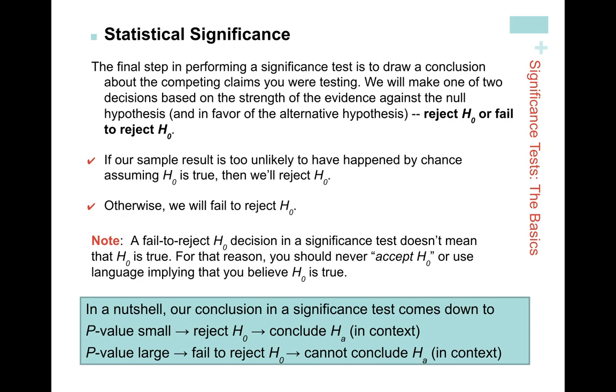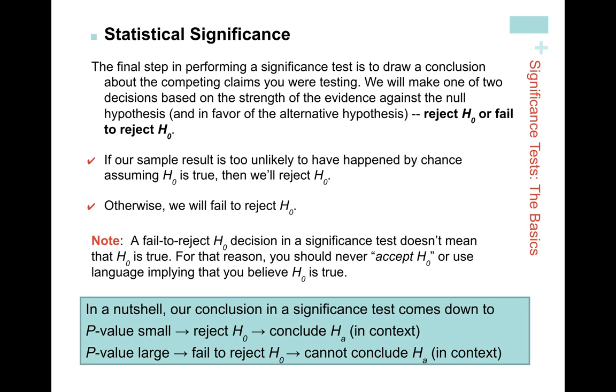You gather your sample evidence, your sample statistics, and you calculate a p-value, then you compare this p-value to some threshold value. This p-value will illuminate a decision whether to reject H null or fail to reject H null.